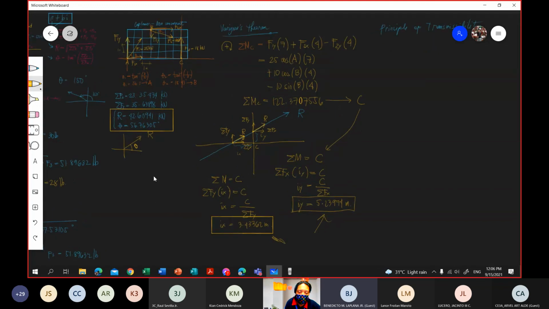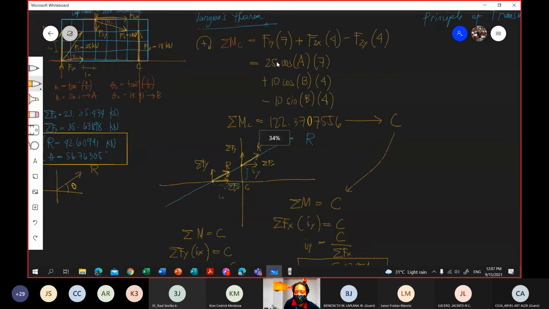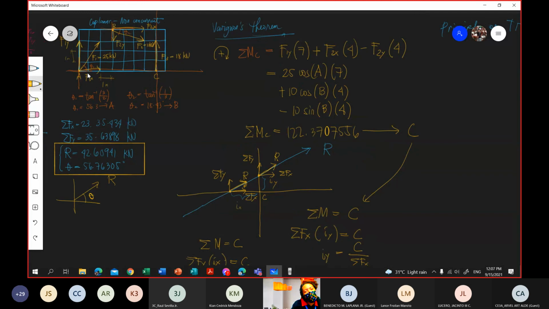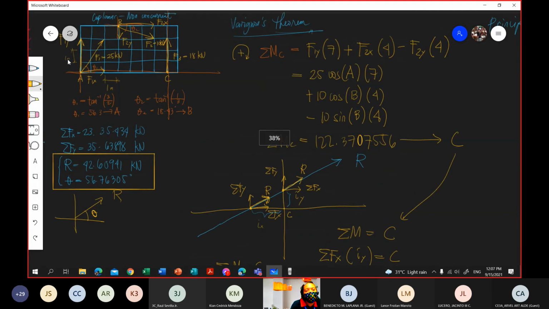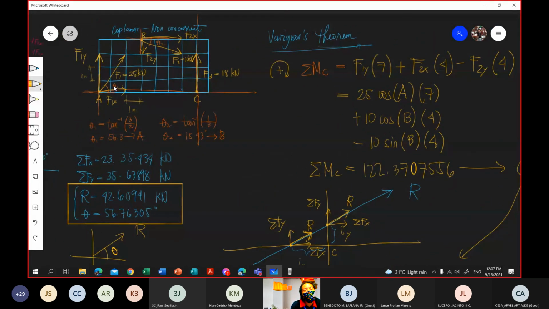Sir, in getting the moment, for the component F1y, why is it cosine, sir? F1y. Oh my God. They're going to know. My mistake. Why did you only say it now? This should be sine A because it's the y component and the theta is measured from the x-axis.